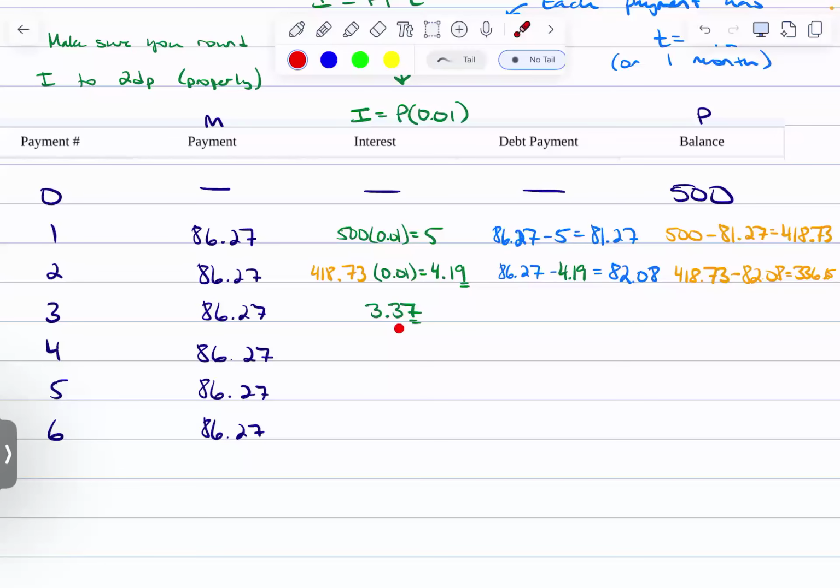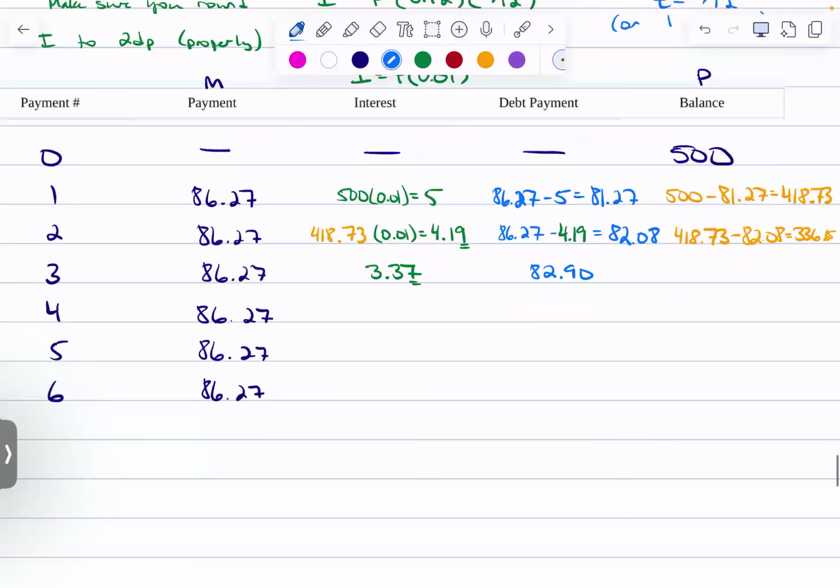If the bank takes 3.37 and I've paid 86.27, then 86.27 minus 3.37 is what I'm paying off. It's going slowly, but I'm paying off $82.90 from the 336.65. 336.65 minus 82.90 puts me at 253.75.